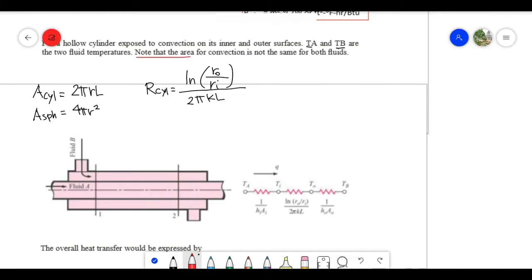Take note. Hindi daw same yung area for convection. So, ibig sabihin, yung formula na area na to is hindi same for both fluid, for temperature A and temperature B.